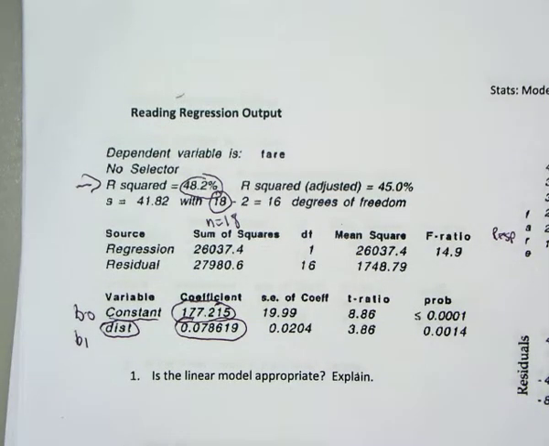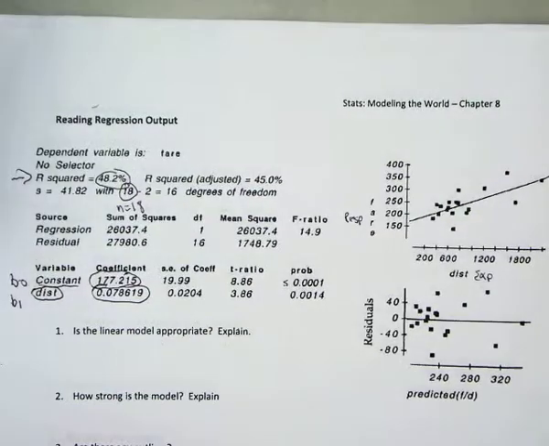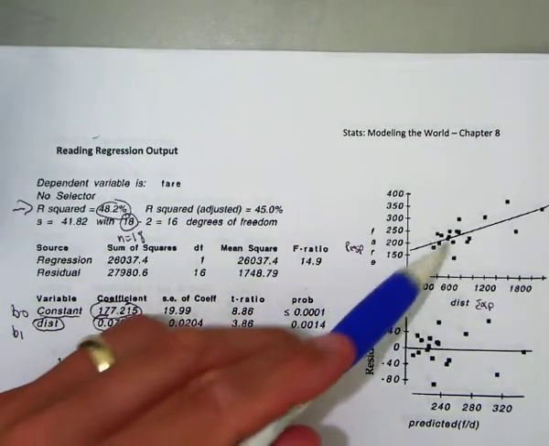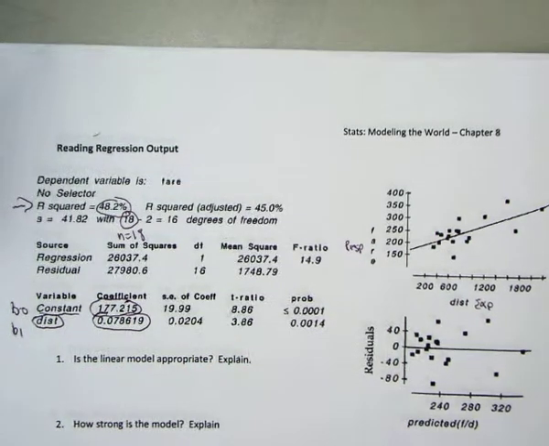The first question says, is the linear model appropriate? Explain. Well, what tells us if a linear model is appropriate? We look at the scatter plot: is it straight enough? And the second thing we look at is whether the residual plot shows no pattern.